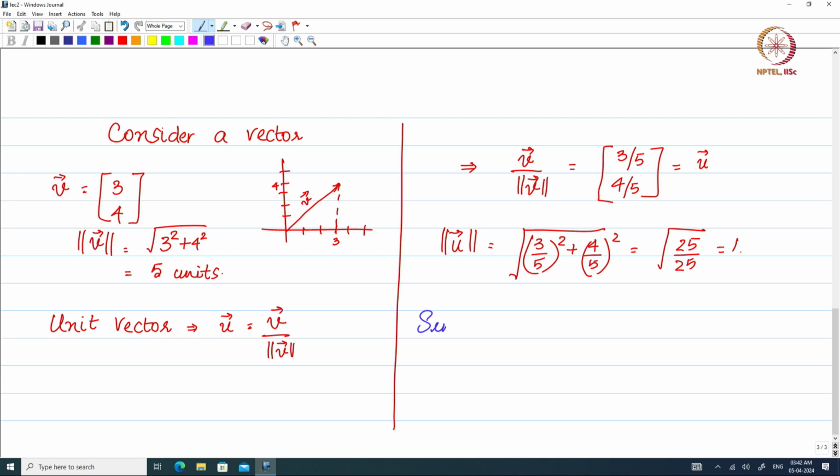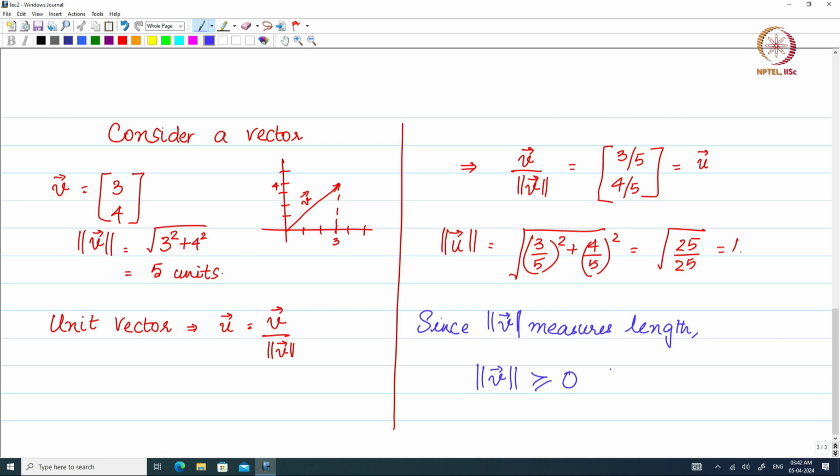Now, as I said, let us make a formal statement here. Since the norm of v measures length, we are going to say that the norm of v is greater than or equal to 0.